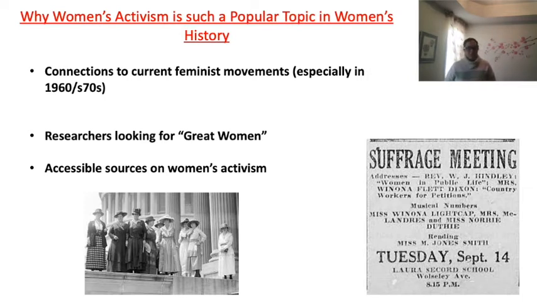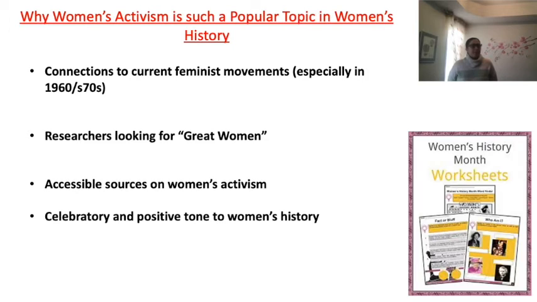It also created, by studying social movements, especially ones that have been considered successful, like the women's movement, early feminist movements, and these types of things, a really positive and celebratory tone to women's history, to this field. And this is something we've talked about in this class already, but it continues to be true when we think about reasons why people were attracted to study social movements within women's history, because this was something that brought people joy.